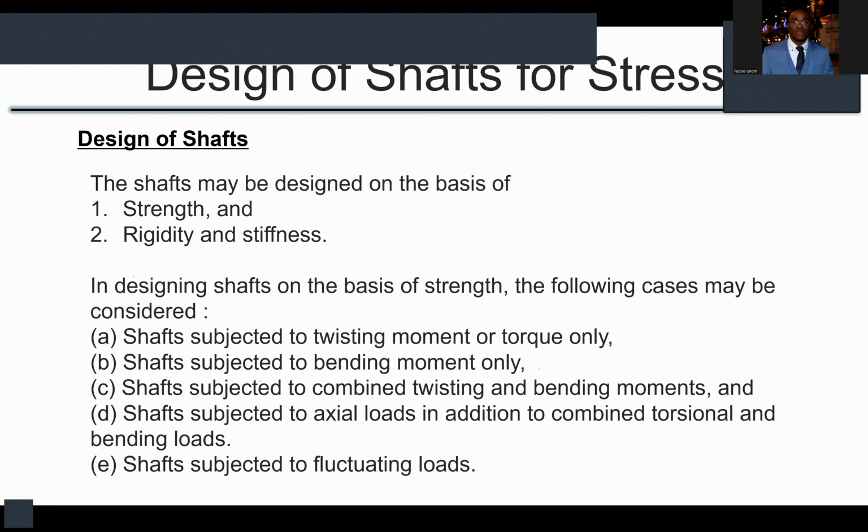Now, cases A, B, C, and D are built on the assumption that these loads, either the twisting moment or torque, or the bending moment, or the axial loads, are all constant over time.